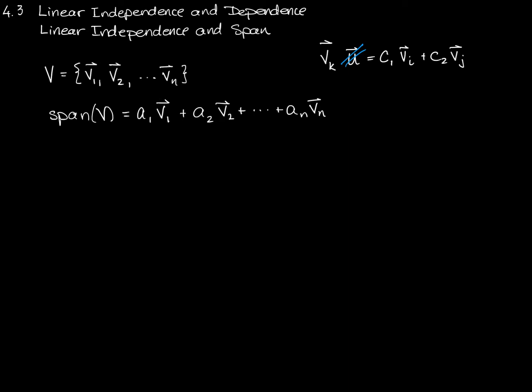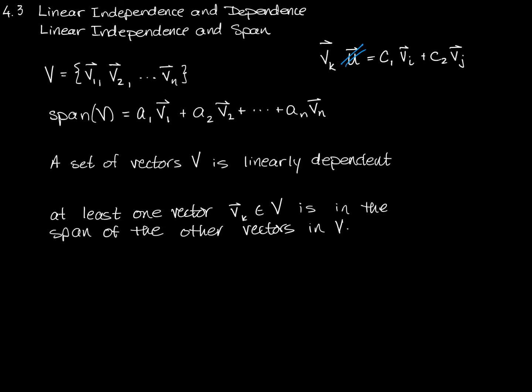Not only that, but I can say the reverse. I can say that if a vector is in the span of the other vectors, then that automatically means that, because it's a linear combination, this set of vectors is linearly dependent. And so I would write that as two separate statements.